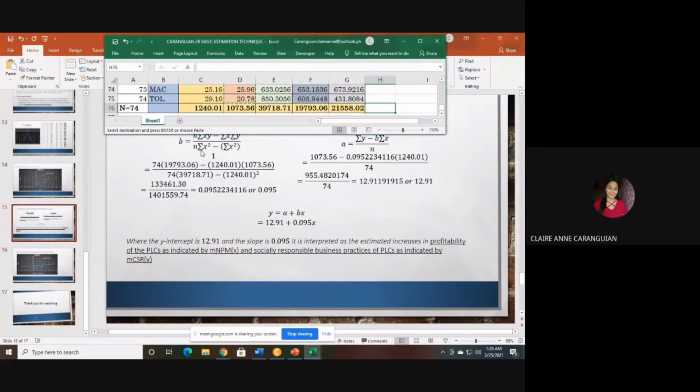So, ipasok na natin yung Excel. Ito yung Excel. So, substitution. And ang number of sample natin is 74.